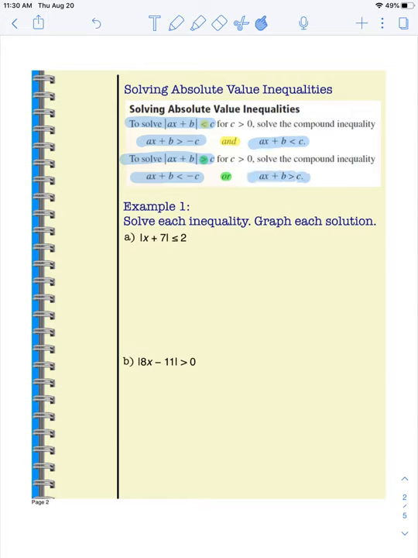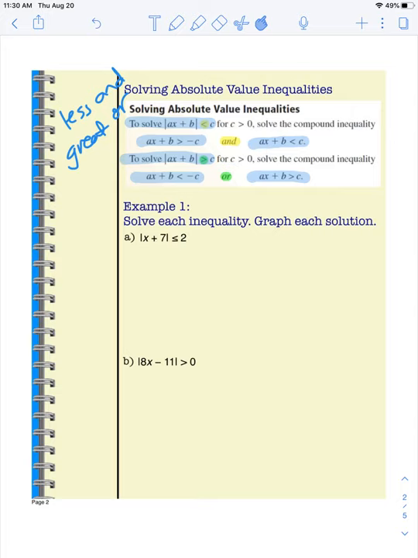All right, one helpful way to remember this is "less and, great or." So if it's less than, it's an and compound inequality. If it's greater than, it's an or compound inequality. Less and, great or.